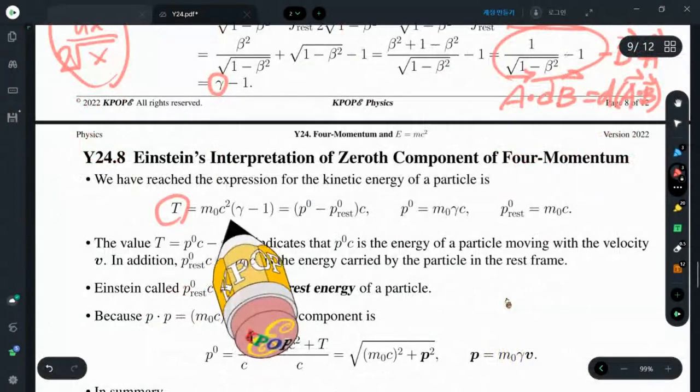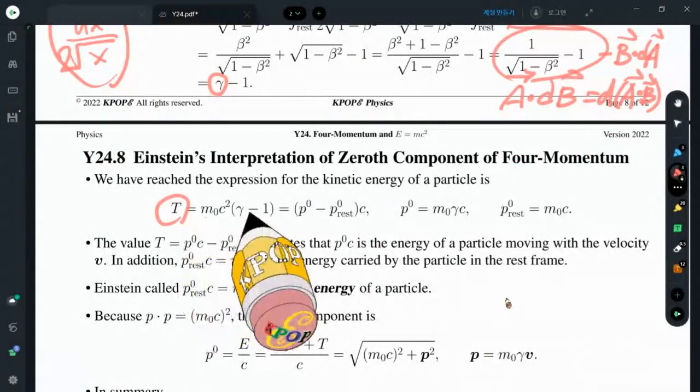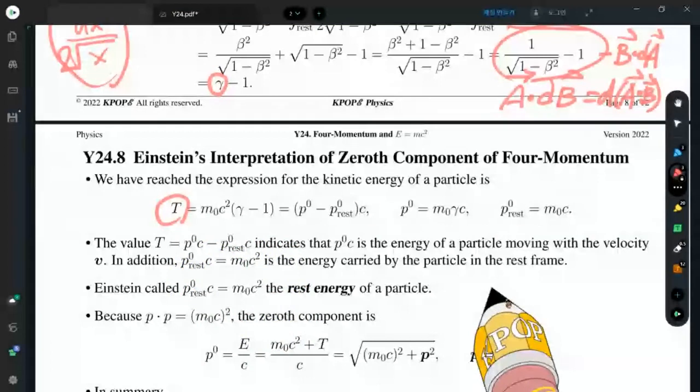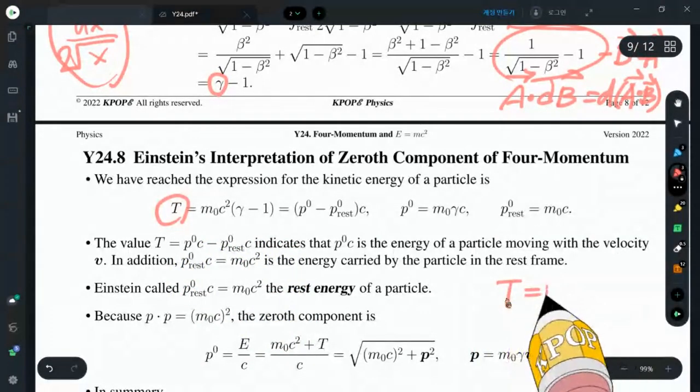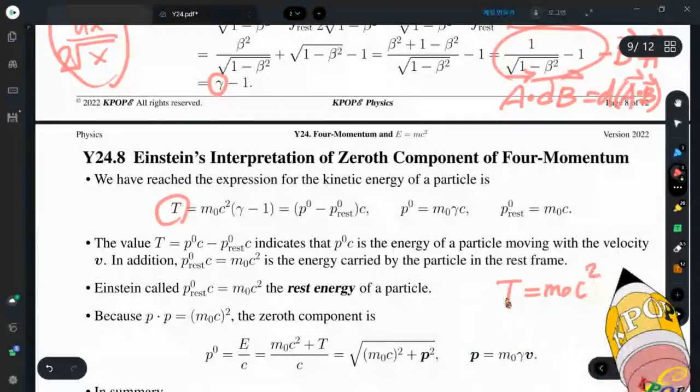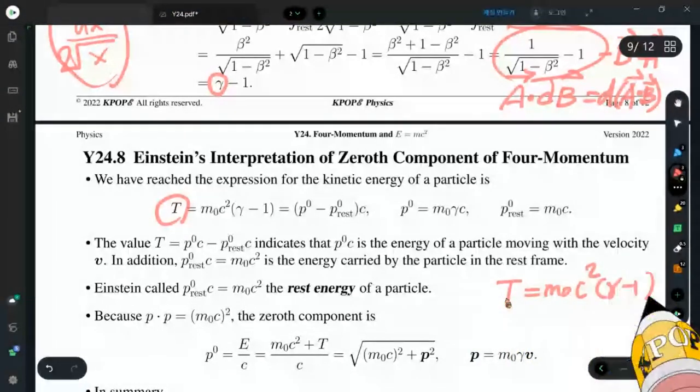So what happens? The kinetic energy is m0c squared times gamma minus 1.